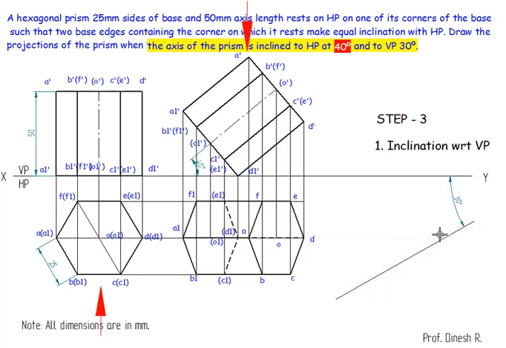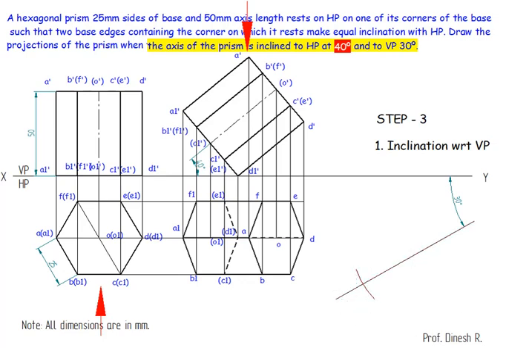We need to keep it based on how you're going to be accommodating this solid over here. So I just keep some point here which is nothing but O point. So O2, O1 is nothing but the true length which is equal to 50. I'll cut a radius of 50.